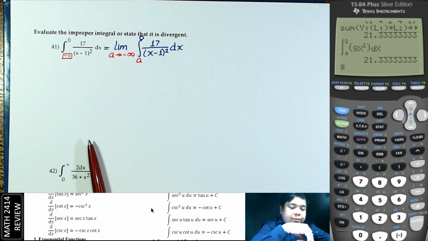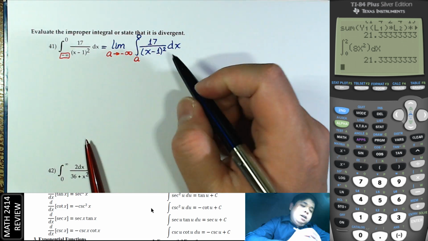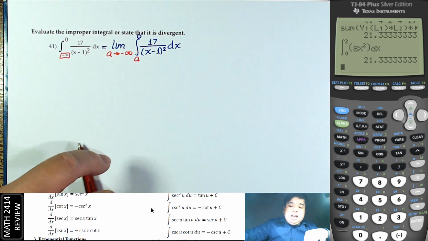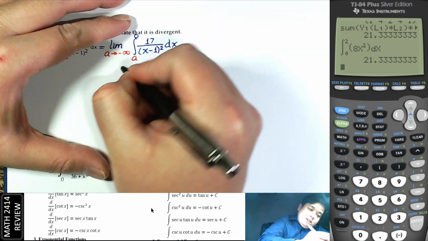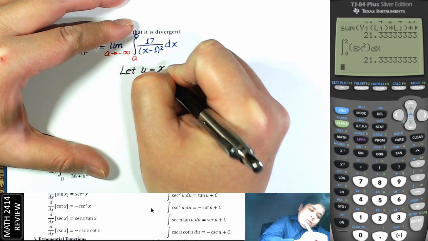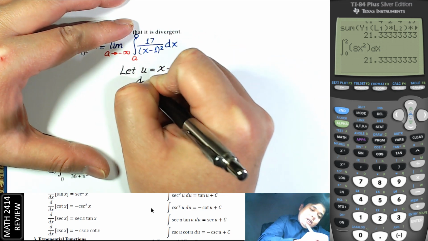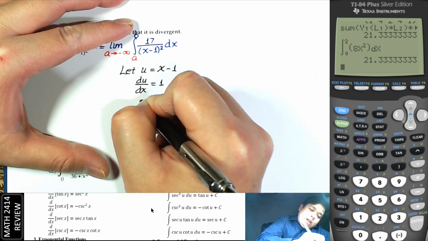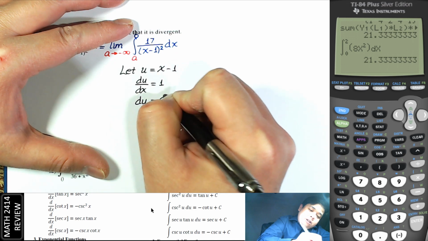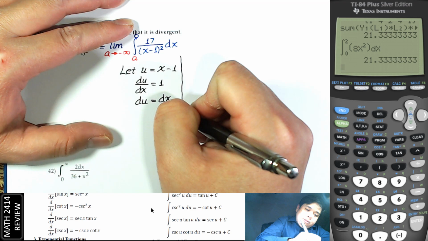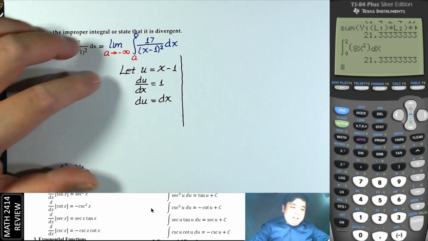Right. Now next, this integral is just a simple substitution. Let u be x minus 1. We can take the derivative, move the dx, and then also the limits.